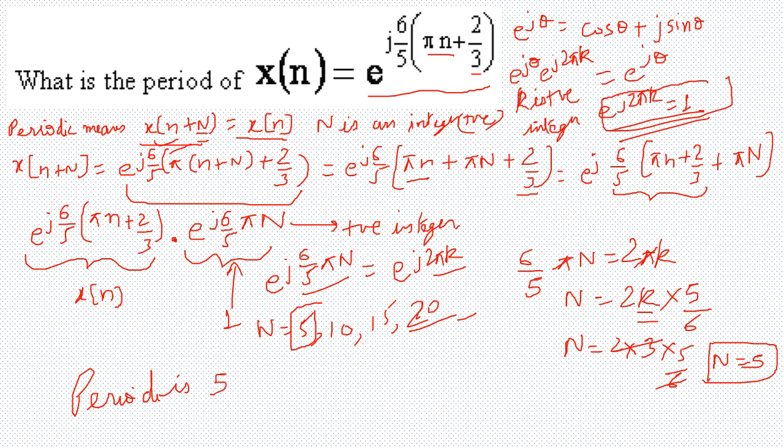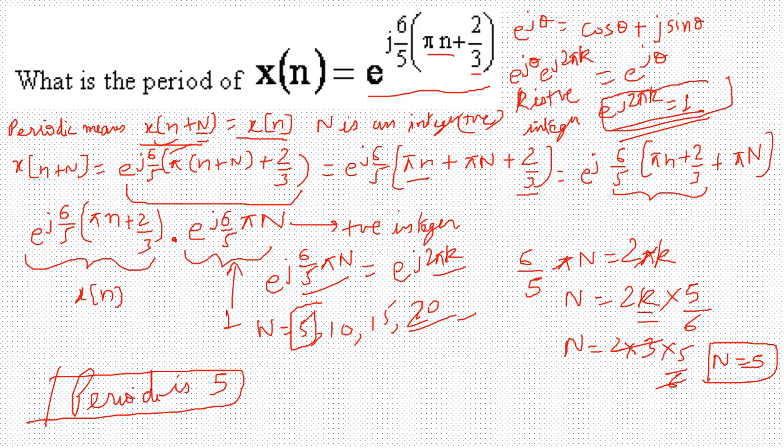This is how we need to proceed for these kinds of problems. We have to remember that the discrete-time signal period will always be an integer, so it cannot be a non-integer. Hence we need to find the smallest value for which this gets satisfied.